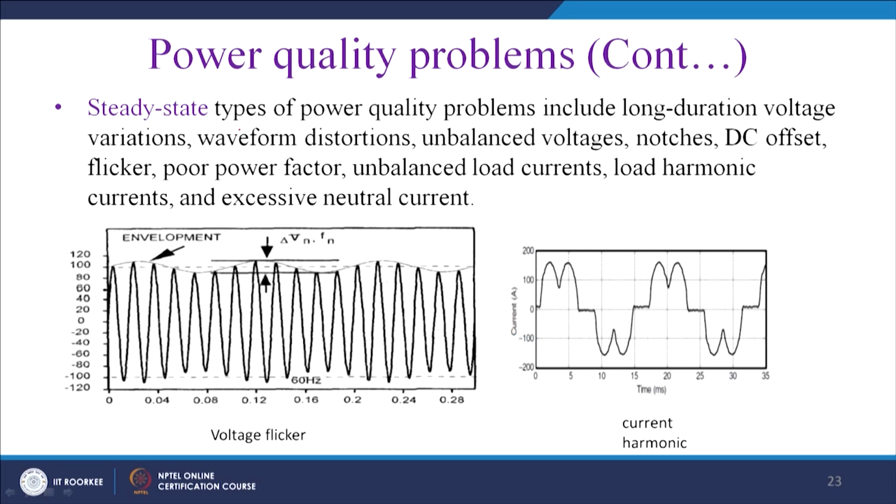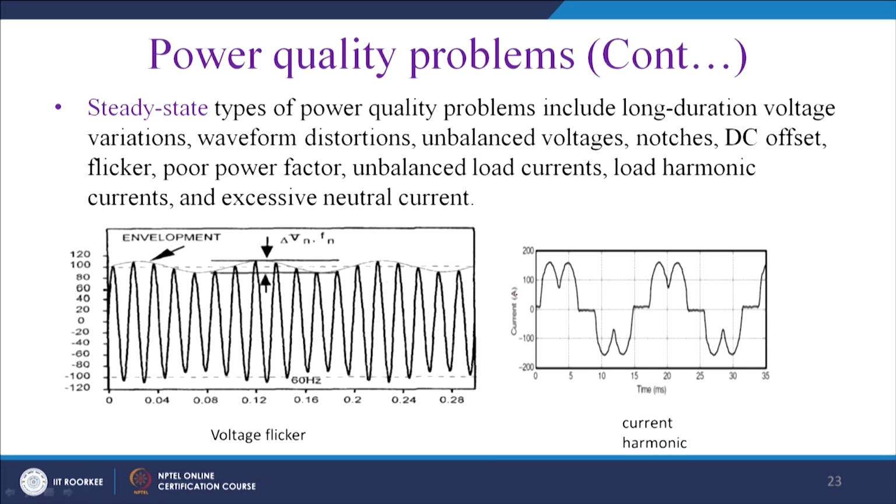Now, the steady state types of power quality problems include long duration voltage variations, waveform distortion, unbalanced voltages, notches, DC offset, flickers, poor power factor, unbalanced load current, load harmonic currents and excess neutral current.